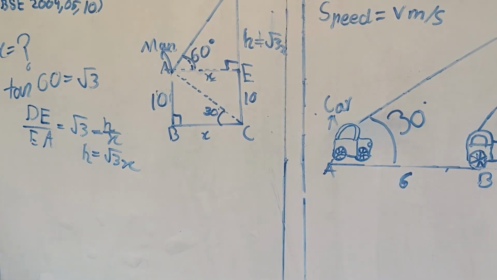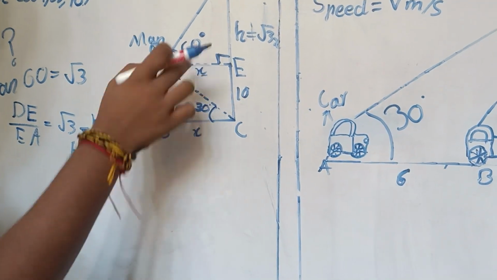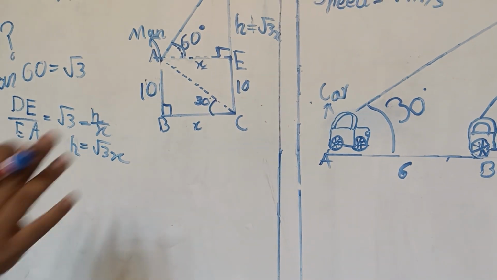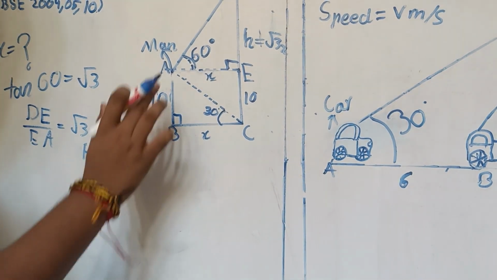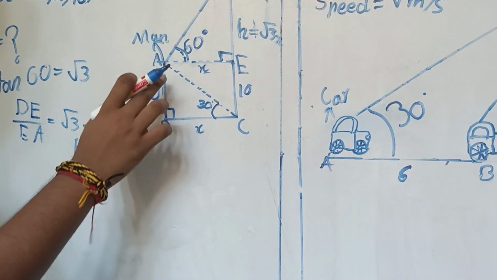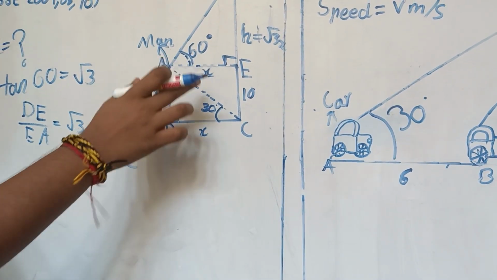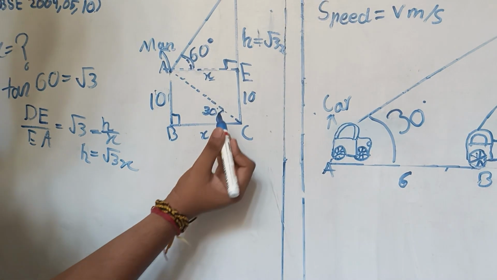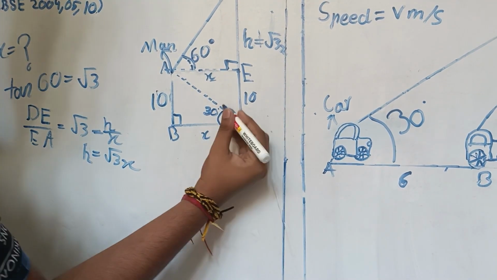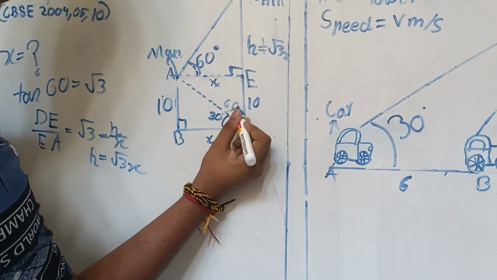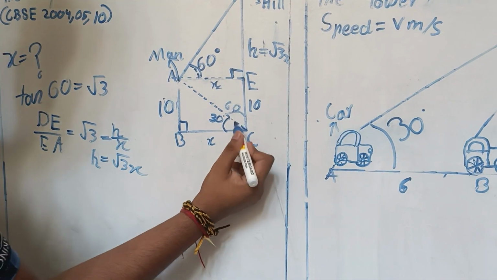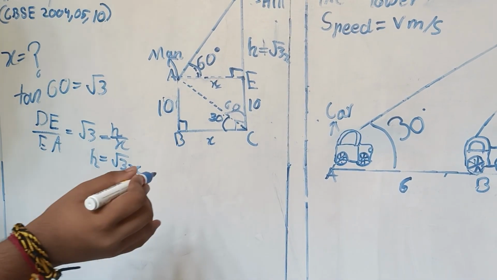Now the next thing to find is x. How to solve for x? We take another triangle, triangle AEC, and find x here. This angle will also be 60, right? Because this is 90 degrees, so 90 minus 30 will be 60.